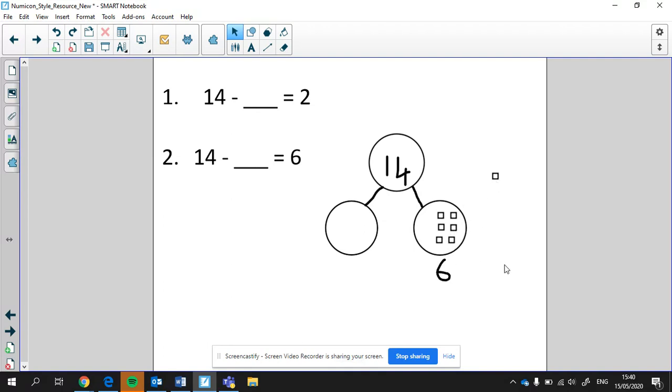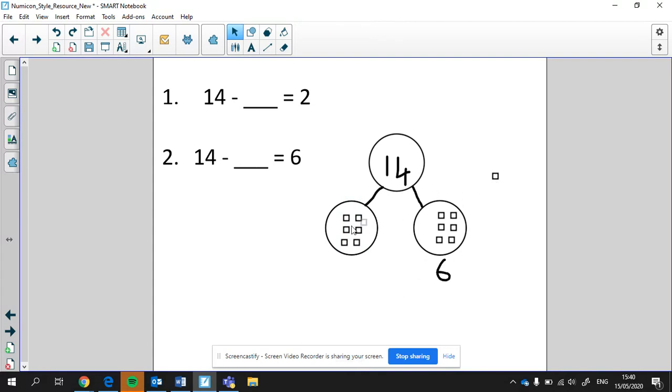6. Now, I know double 6 is 12, so I'm thinking that we're going to need at least another 6 in the other area. I'm trying to highlight all these at the same time, but it's not letting me for some reason. There we go. Now, at the moment, that would be 12, but I need another 2.